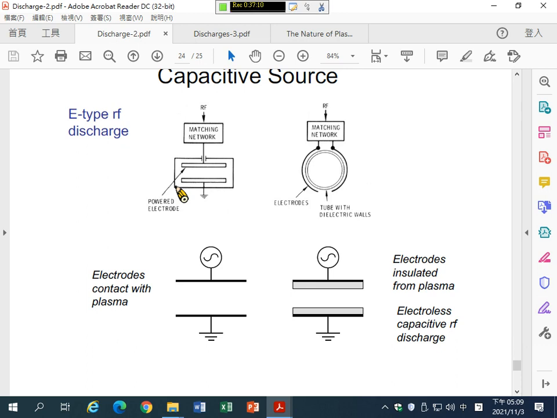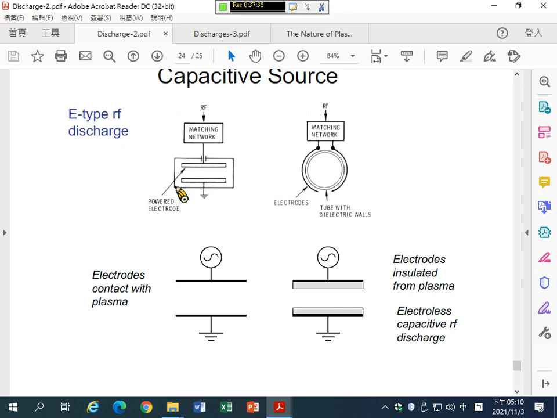On the bottom electrode, here is another piece of insulator. Okay, so the condition is the same as the upper right figure. So in both cases, they are named electroless capacitive discharge.